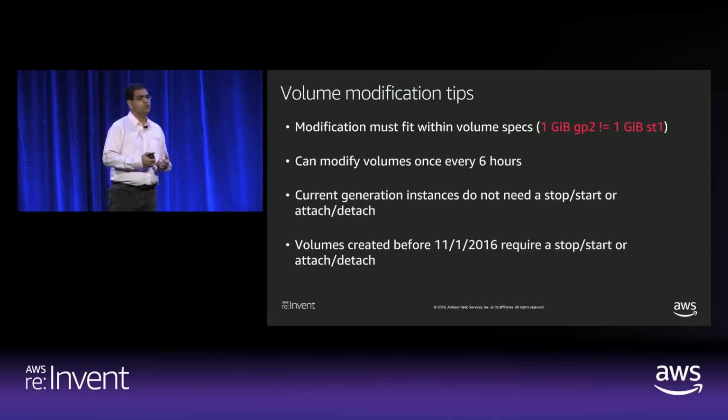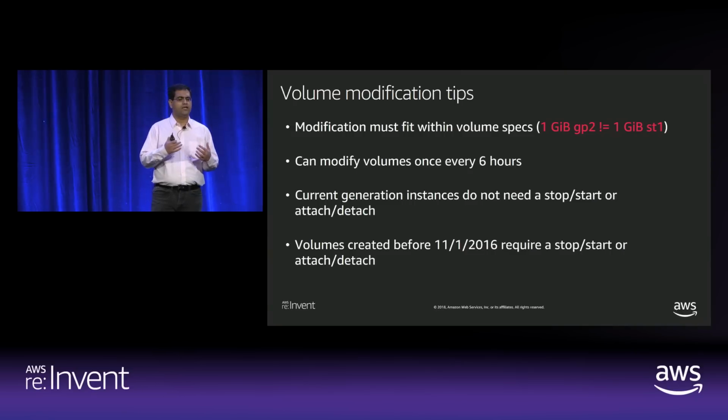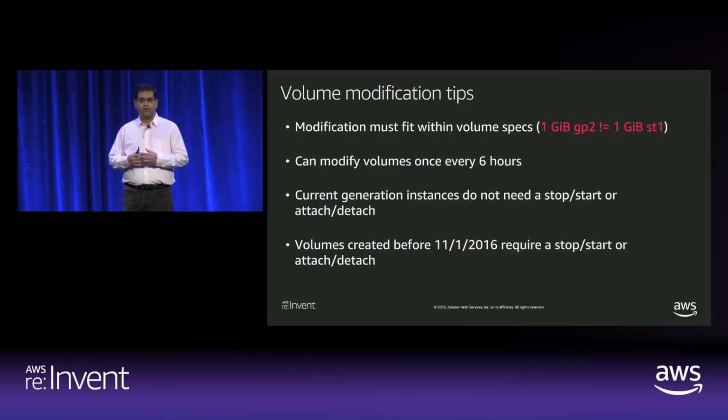You can modify volumes once every 6 hours. With current generation instances, you do not need a stop start or an attach. And if you have volumes that were created prior to November 2016, those may require a stop start or an attach. One last thing that does come up is some customers do ask us about what kind of performance I get.